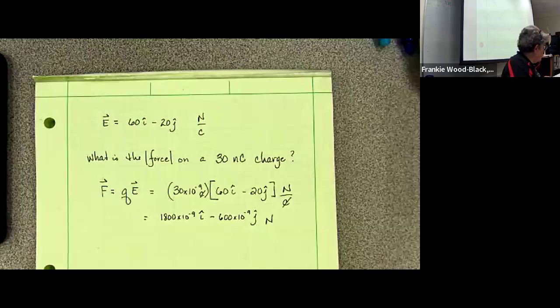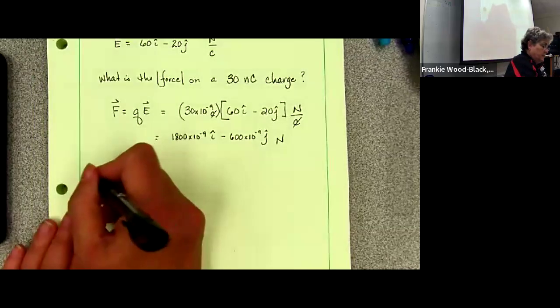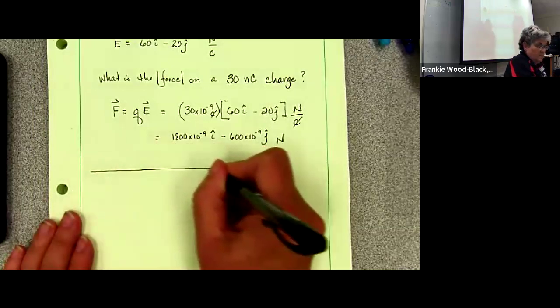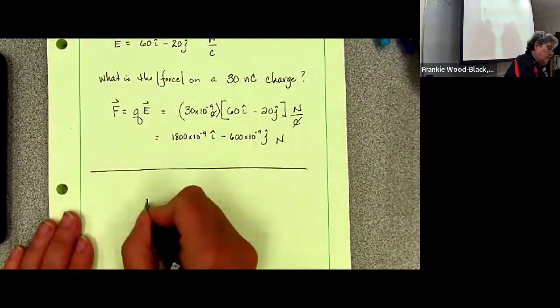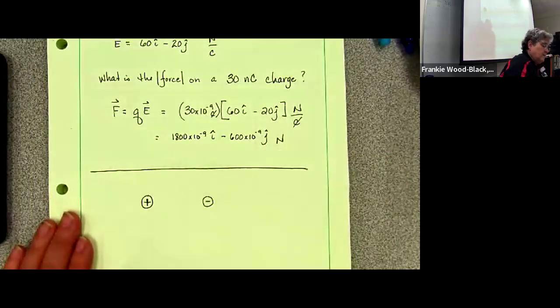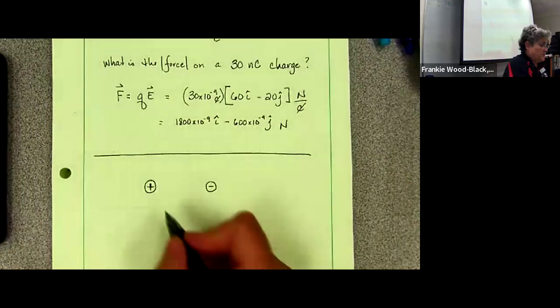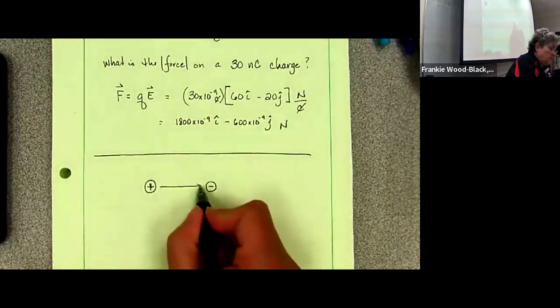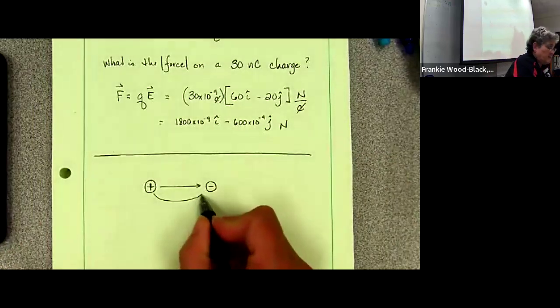Your book, in this chapter, we'll go in and look at dipoles. And dipoles are those things that we can draw field lines from. We're always going to draw from positive to negative.